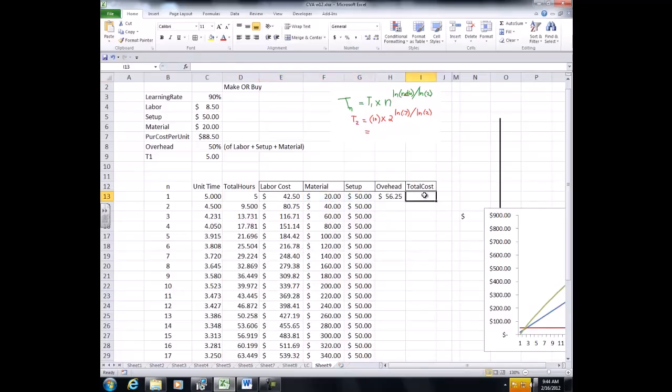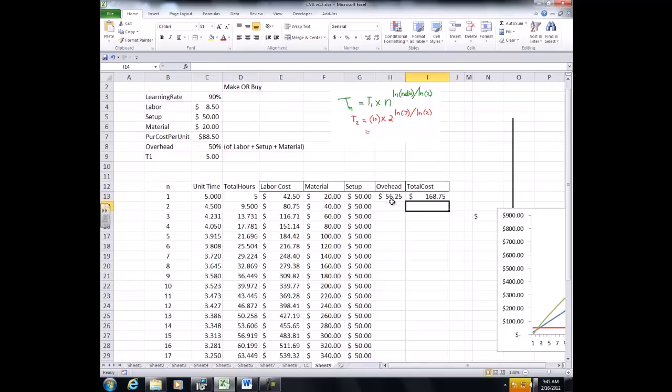Total cost is equal to the sum of these 4 cost components. So if you were to produce only 1 unit, it'll cost you $168.75. If you were to produce 2 units, it'll cost you $256.